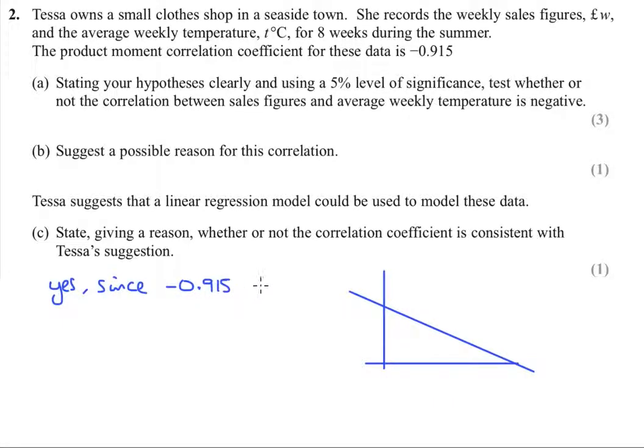So since that is close to -1, it is consistent. Otherwise, we would have a smaller value.